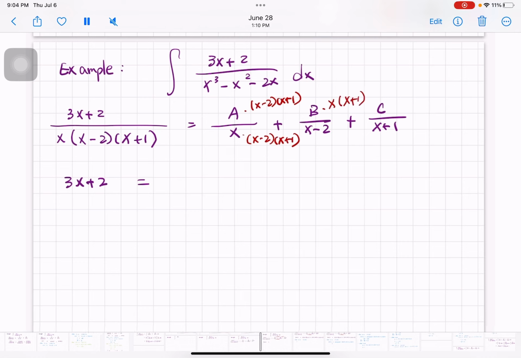B has the denominator x minus 2, so it's missing x and x plus 1, so that's what we multiply B by. And for C, we have the denominator x plus 1, so it's missing x and x minus 2.